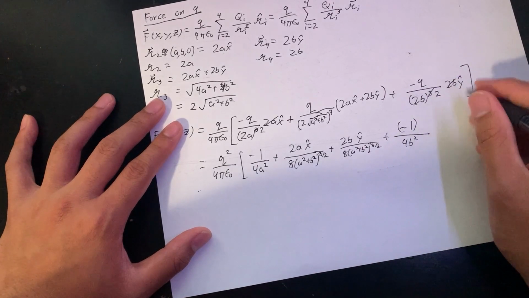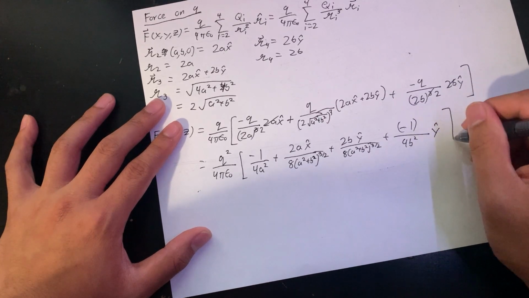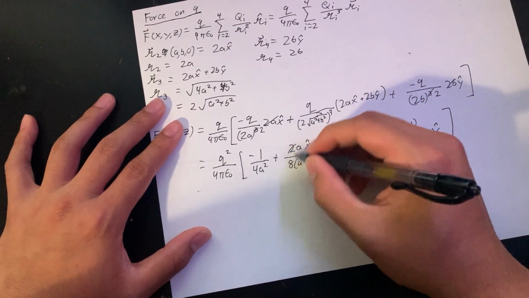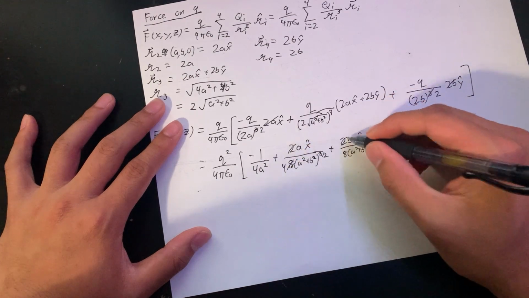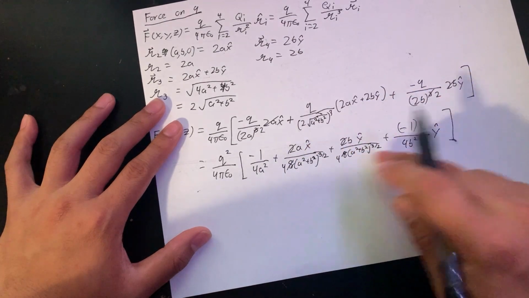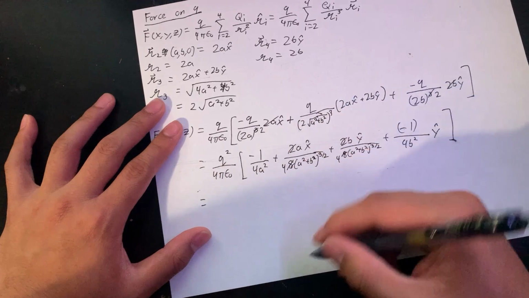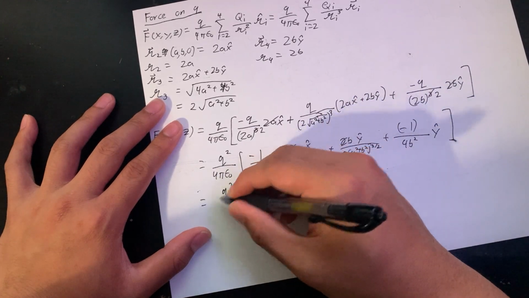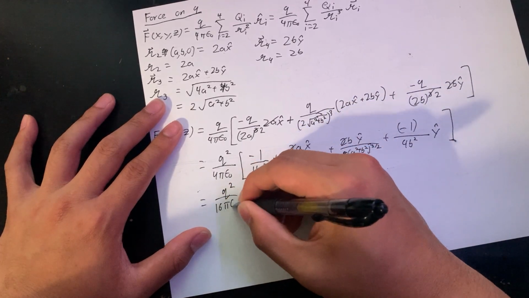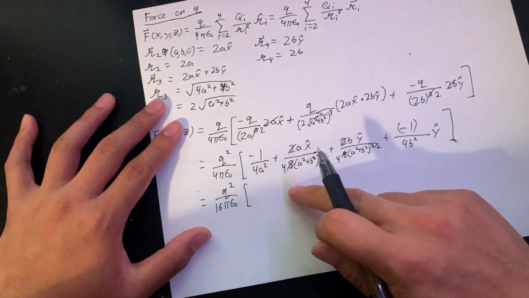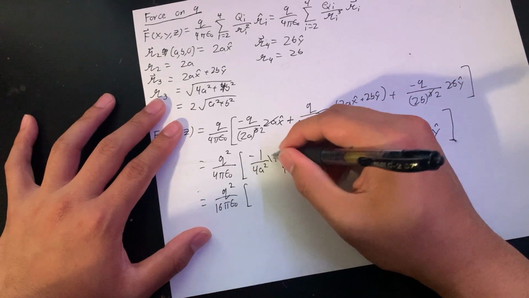4b squared y hat. Okay, so these 2's will cancel out, bring this down to a 4, and then we can take out a 4 here, make that 16 pi epsilon naught, and then, oh sorry, I forgot the x hat here.